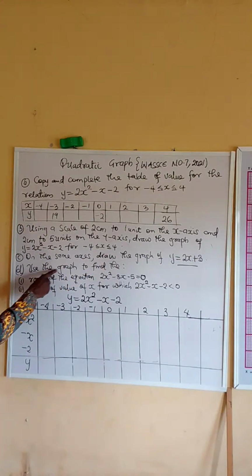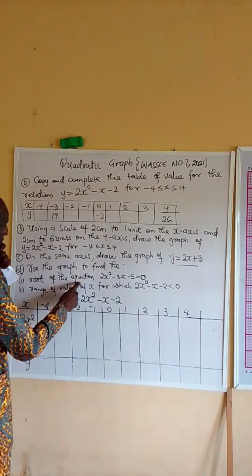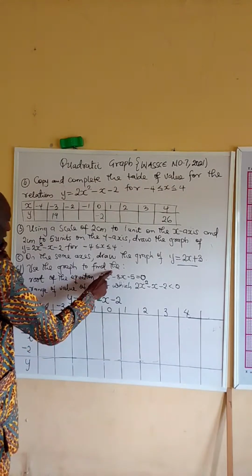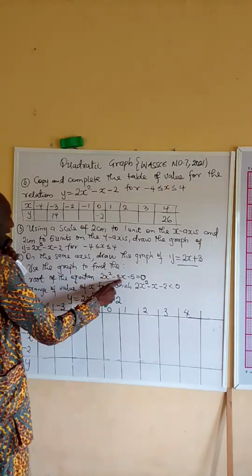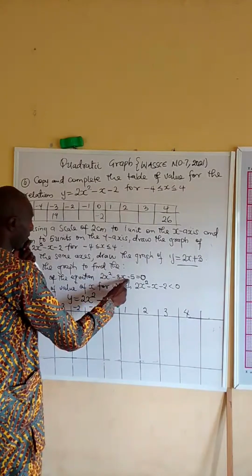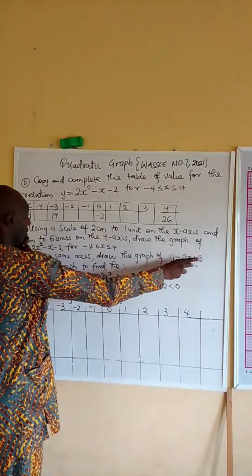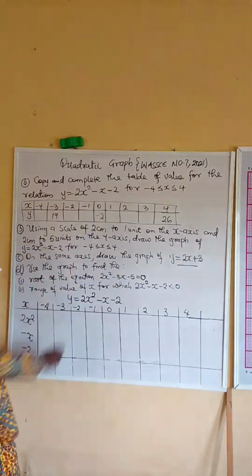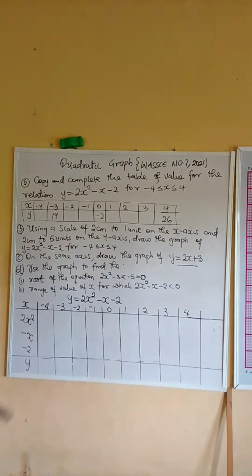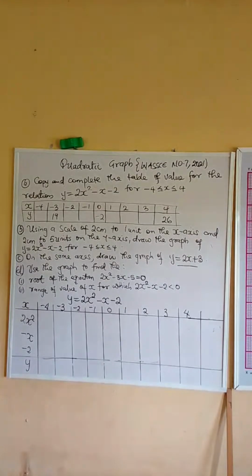Then use the graph to find, Roman figure 1, the roots of the equation 2x squared minus 3x minus 5 is equal to 0. It's the combination of this and this. So where the quadratic graph and the linear graph meet, you will trace it to the x-axis, and that's your answer. Take note.